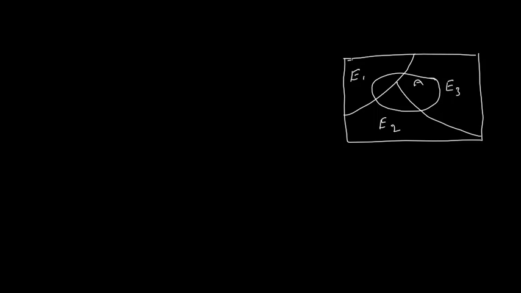So this Bayes theorem is probability of cause. Probability of cause means for what reason this event happened, right? So that means here our problem is to find possibility of say E1 when A has already occurred.